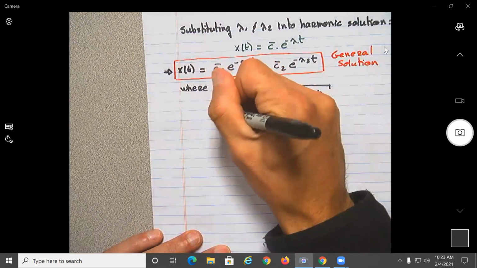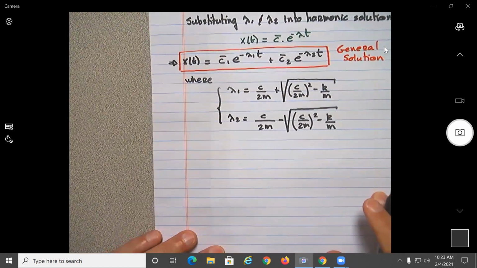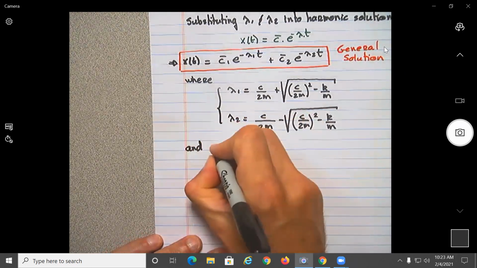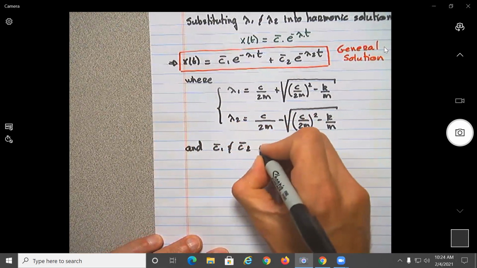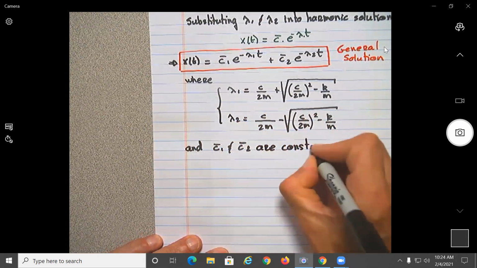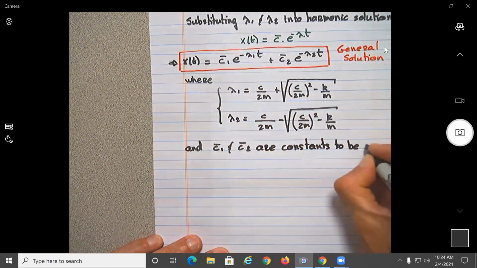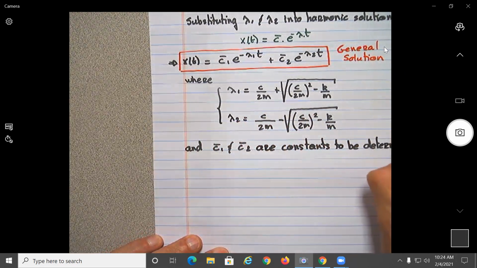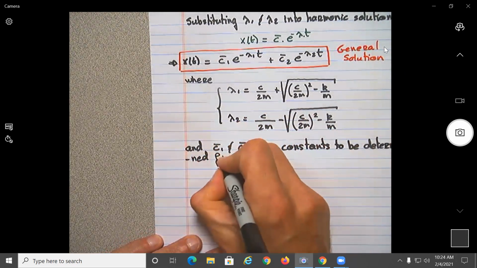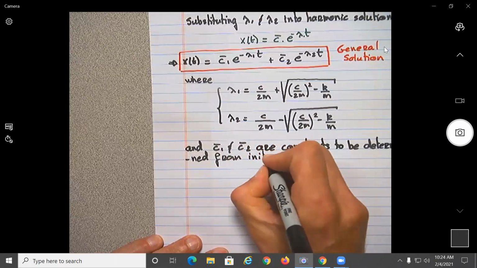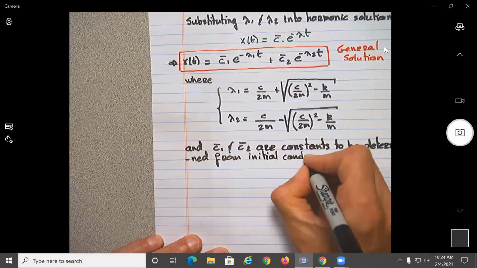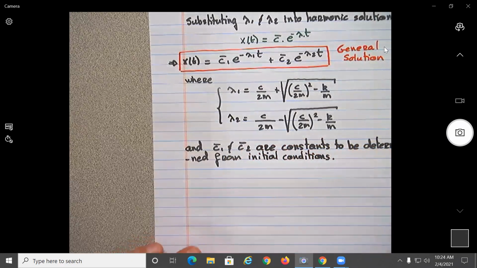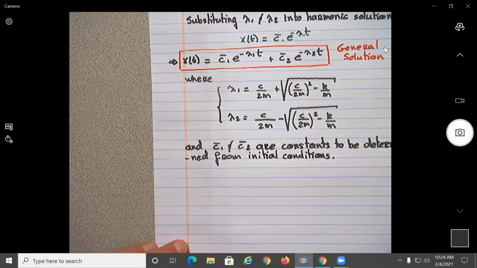Lambda 1, lambda 2 are these two constants, and C1 and C2 are constants to be determined from initial conditions. There we go.